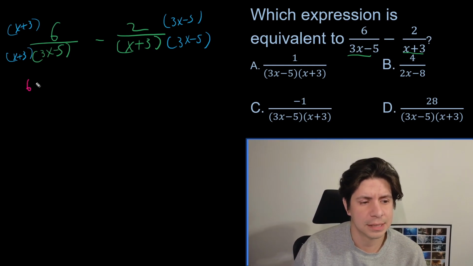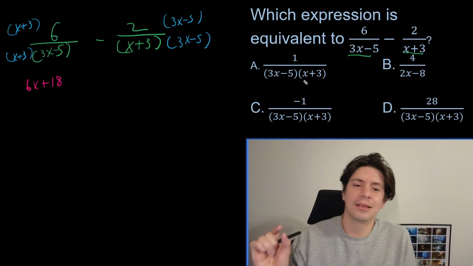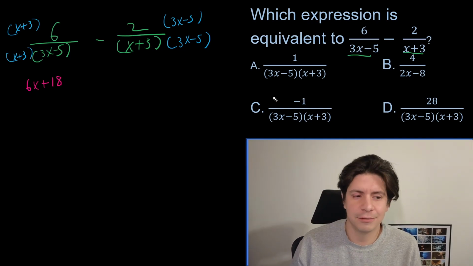Now what I'm going to get from here on the next step is 6x plus 18. I'm not going to FOIL the bottom because, again, the bottoms aren't FOILed. That's a great thing, you save time on extra work. Why FOIL and see which one matches when they're not even doing it?